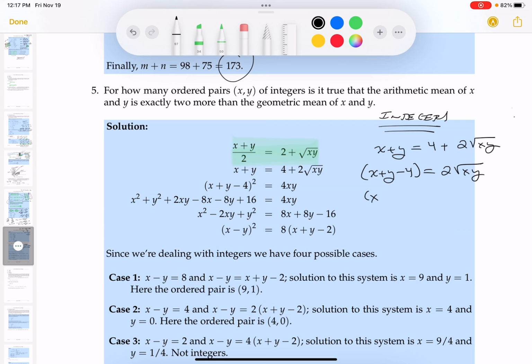If you square both sides, I'm not going to bore you with the detail, but if you do square the left side, I'm hoping you're able to get this over here. It looks like it's getting worse, doesn't it? Remember, these are integers, though.